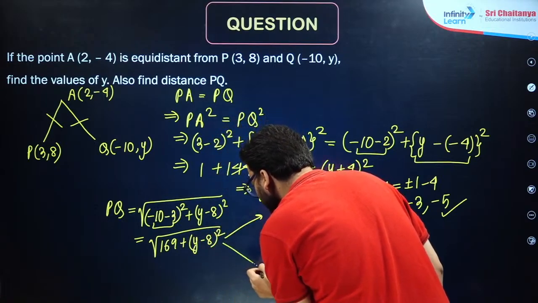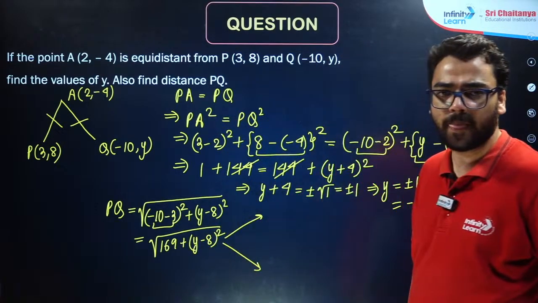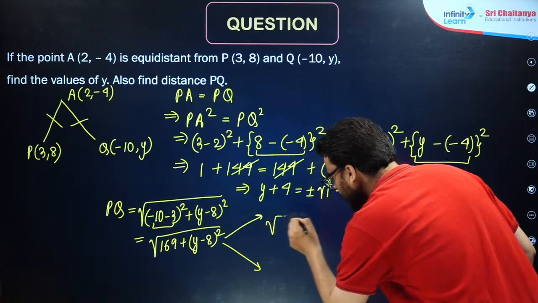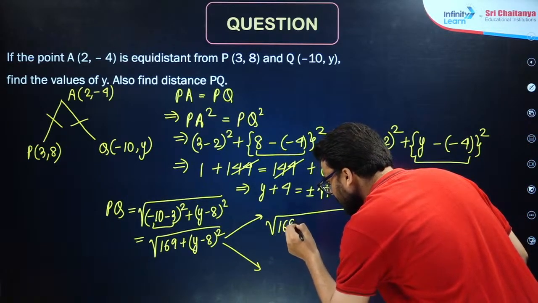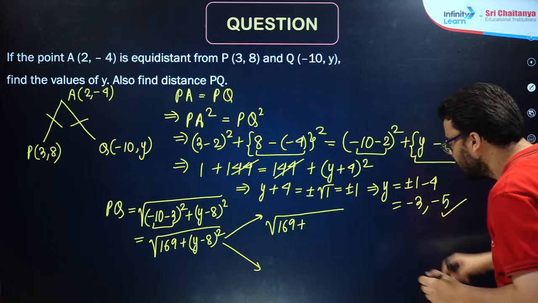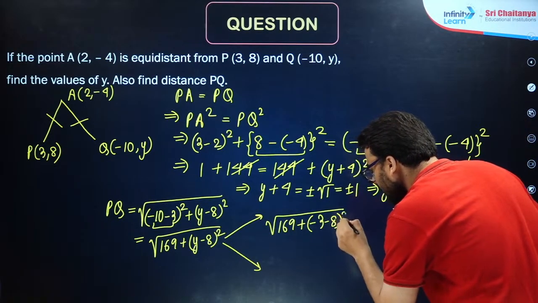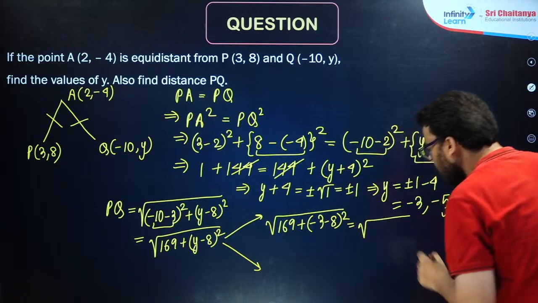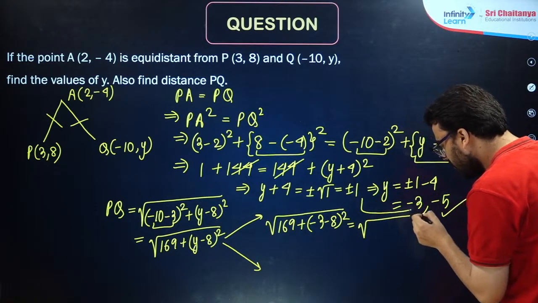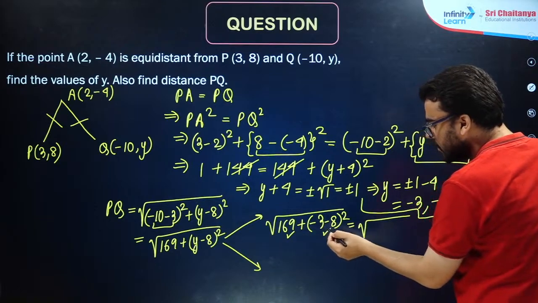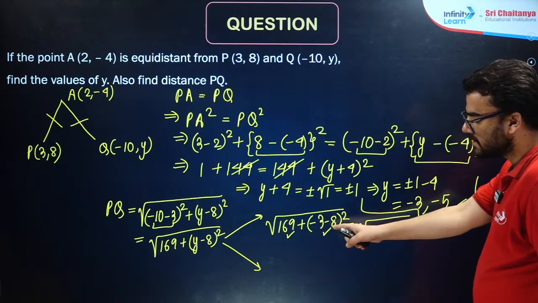So two possible values of this distance will be there because we have got two possible values of y. So one possibility will be square root of 169 plus, y is minus 3, so minus 3 minus 8 the whole square. Simplifying, square root of 169 and 8 plus 3 is 11. 11 square is 121.